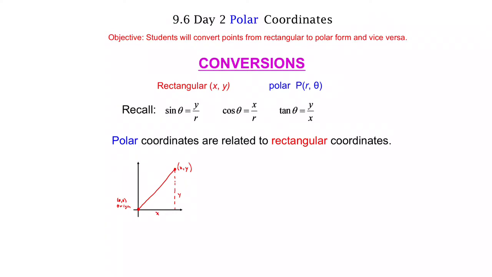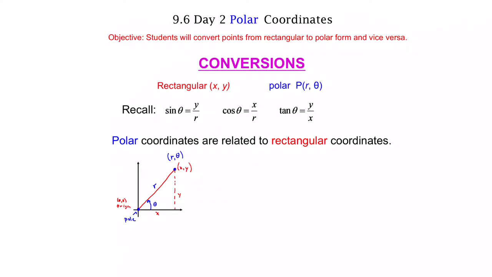Now, when we look at it in polar form, this point represents what we call the pole, and then this distance is r, and then the angle from the polar axis to that ray is theta. So therefore the point in polar form is r comma theta.